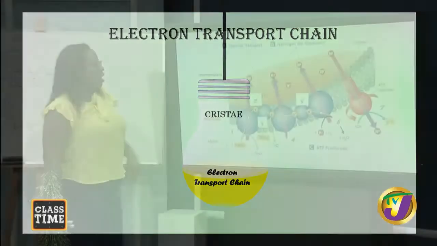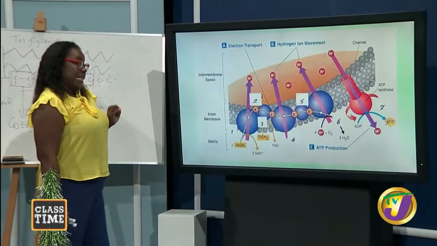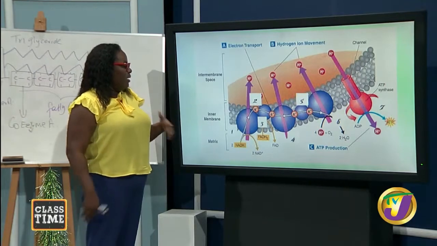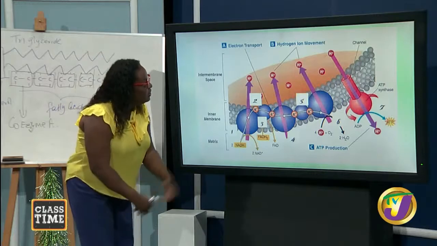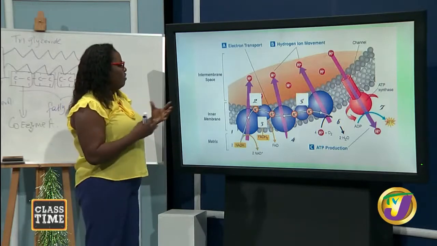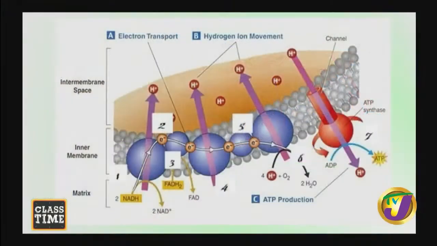All right? Now, this diagram can be a bit intimidating, because a lot of students see it and they go, oh Lord, what is this? So let us try and see if we can demystify it a bit. It's a chain. These blue circles actually represent the different protein complexes that will be accepting the hydrogen, the electron, from the reduced NAD, thus oxidizing it eventually.